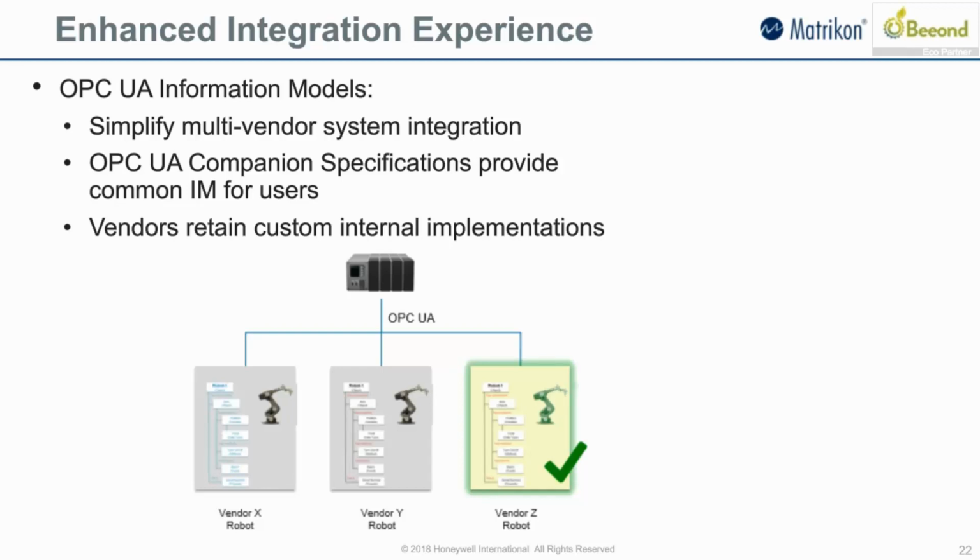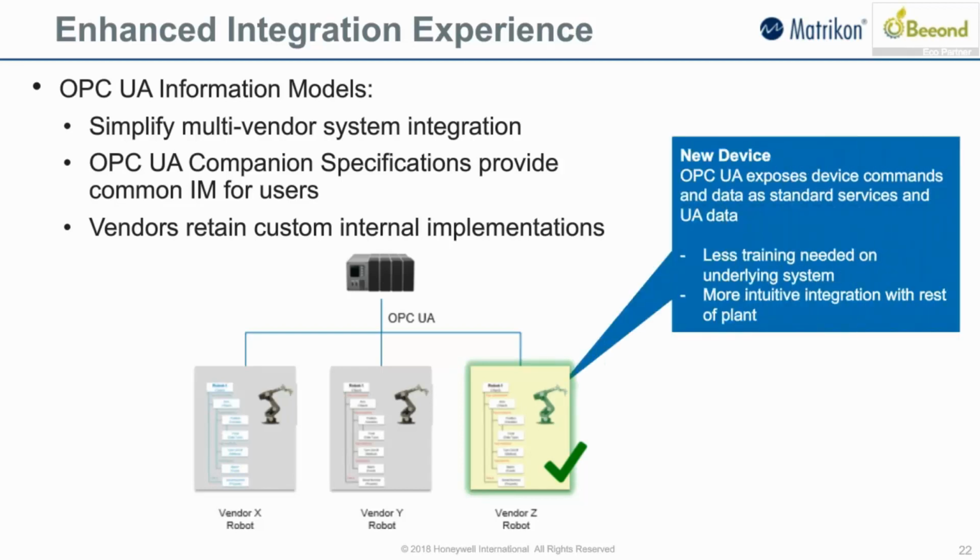So when you bring a new device in, you're exposing commands and data in a consistent way as services and a consistent information model, which, of course, internally maps to however vendors are setting up their systems.